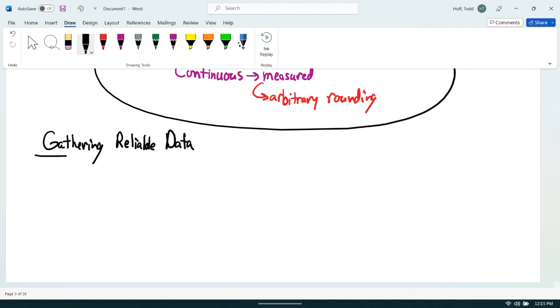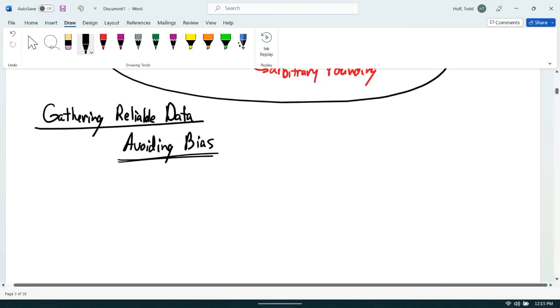And we mentioned the term sampling bias before. We want to just talk about avoiding bias. To avoid bias, it's important to understand some of the types of bias that are out there. One is selection bias.